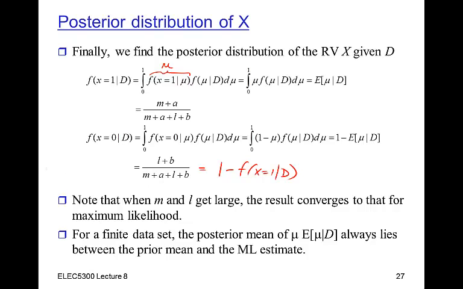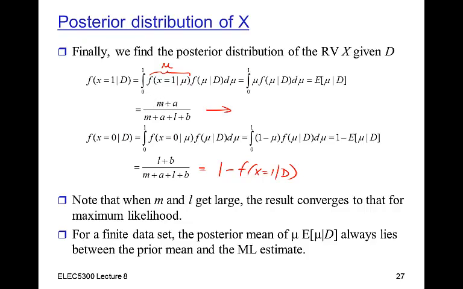One of the nice things about Bayesian estimation is that if I get a lot of data, then basically I start trusting the data. Because I have so much data, whatever I believed before, I should just trust the overwhelming amount of data that I get. And so when m and l go to infinity, let's take a look at this one here.